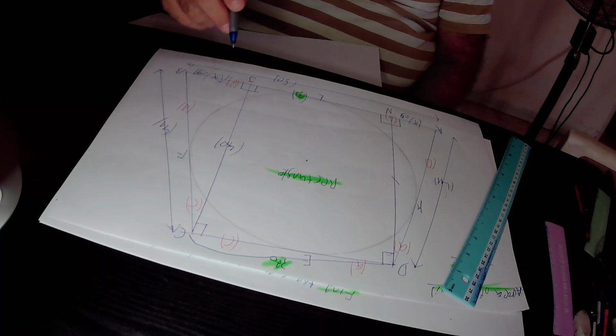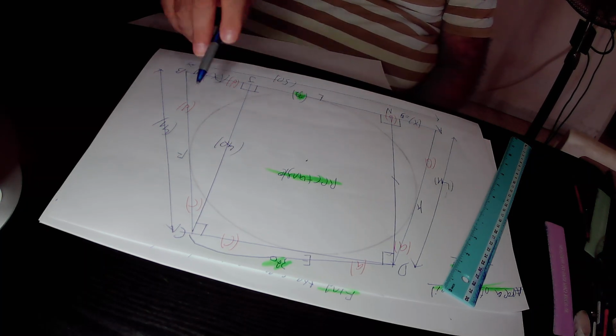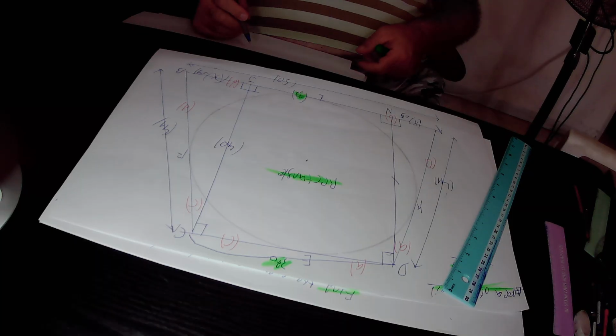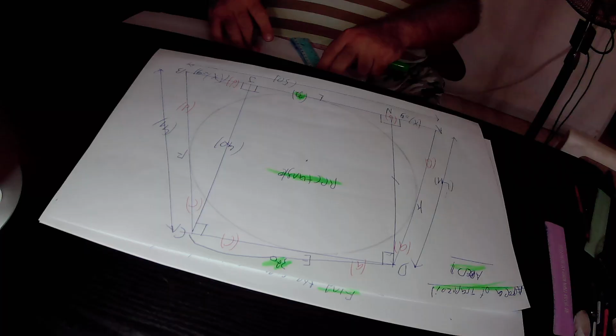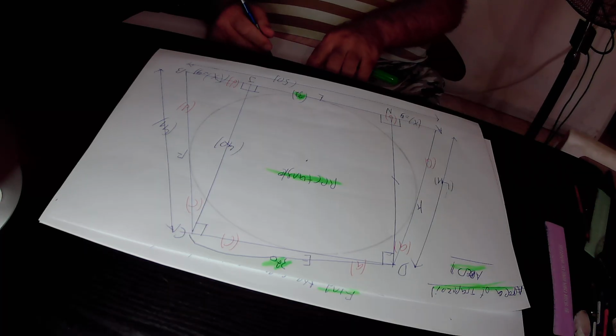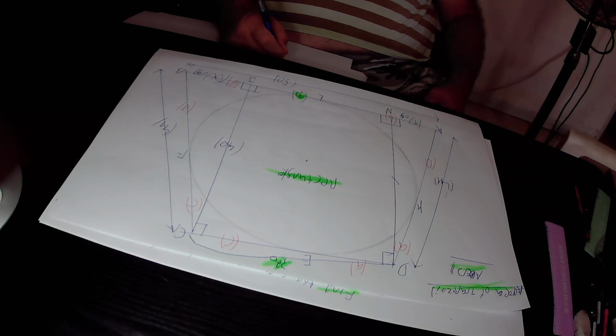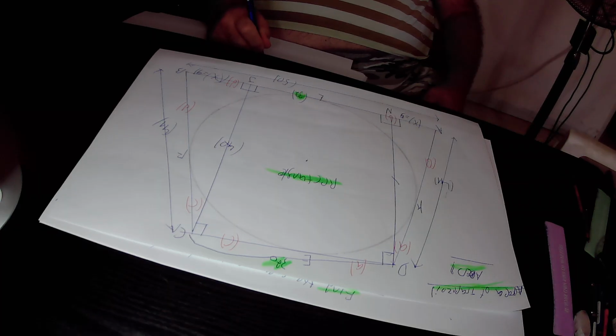Our task is to find the area of this trapezoid ABCD. In the beginning of the lecture, I presented to you the formula for the area of any trapezoid.